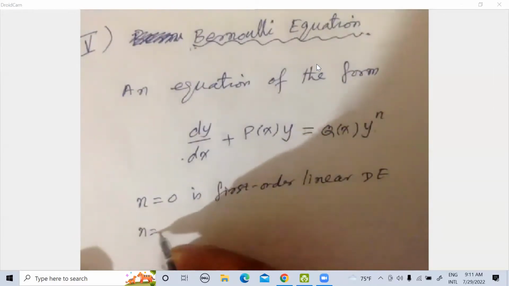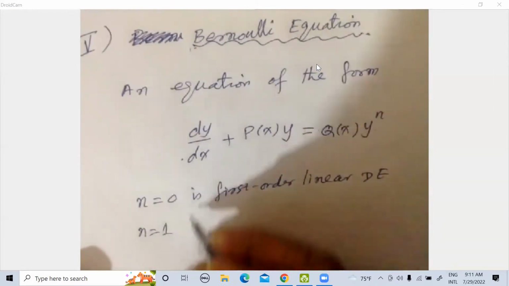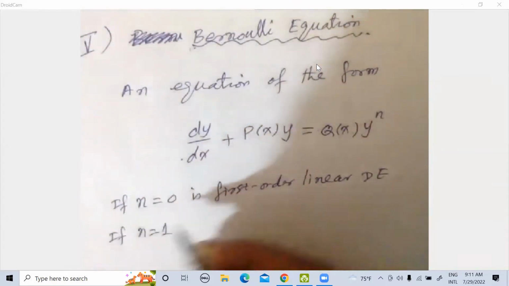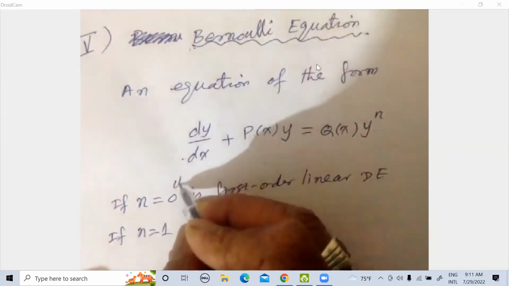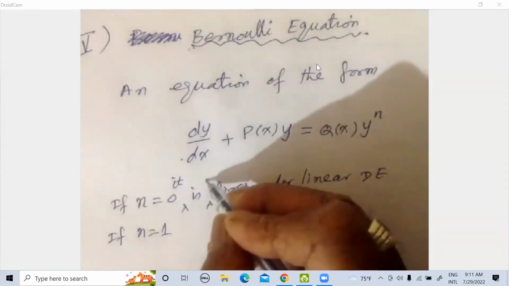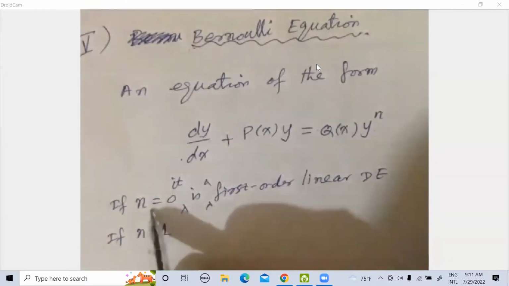If n is equal to 1, it is a separable differential equation.